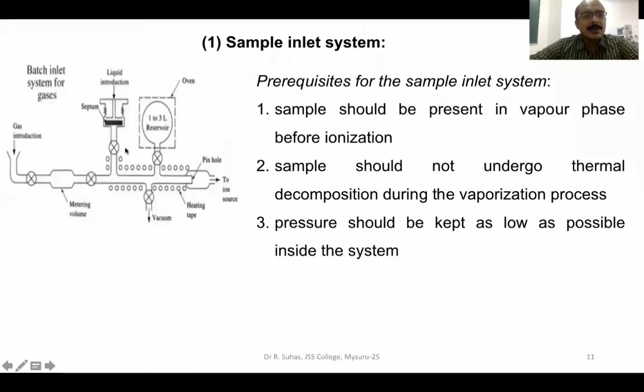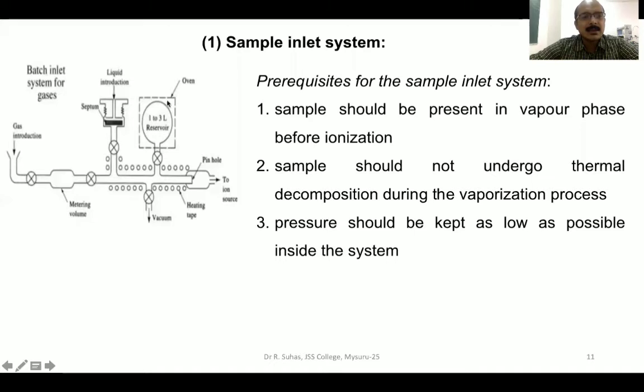Once the sample comes here, there will be different controlling systems. This control is to see that the samples are moving at a uniform speed inside the system. These are called valves. Once the sample goes here, it will come to the oven, where the vaporization takes place. As I said earlier, all the samples entering the mass spectrometer have to be vaporized first.